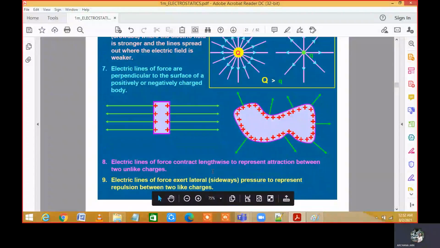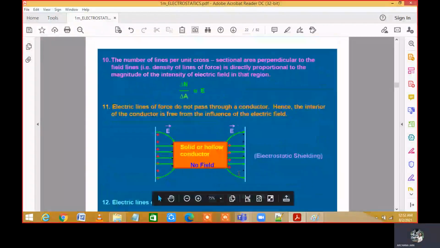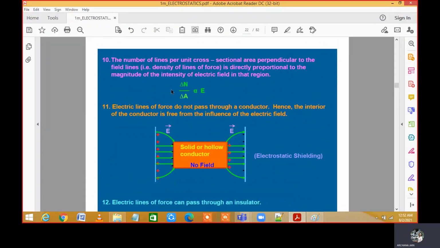Electric lines of force contract lengthwise, which we have discussed earlier, to represent attraction between two unlike charges. And electric lines of force exert lateral pressure to represent the repulsion between two like charges. Now next is the number of lines per unit cross-sectional area, meaning del N upon del A, of the field lines is directly proportional to the magnitude of the intensity of the electric field in that region.